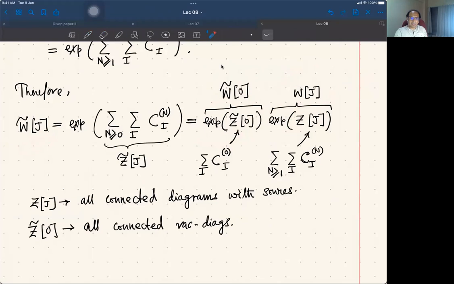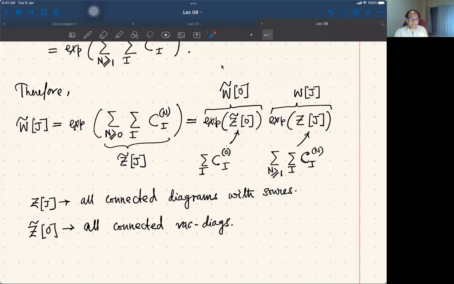This is a technical analysis that we did, and because of this we could actually write W tilde in terms of Feynman diagrams, because we could extract out this potential part in the numerator, and that allowed us to write down the contributions in terms of the Feynman diagrams. But then we have to segregate different types of diagrams, and the understanding of the relation between disconnected and connected diagrams is crucial here.